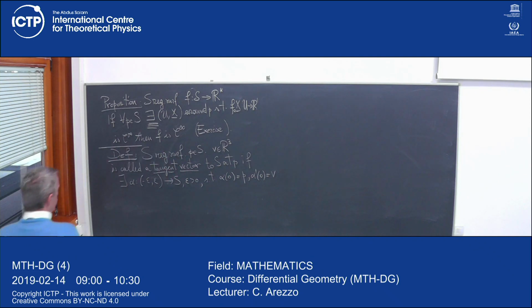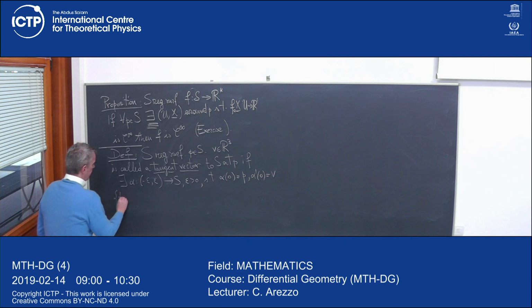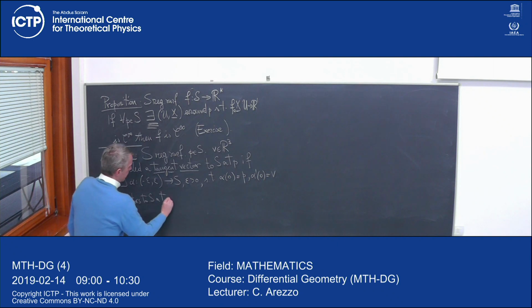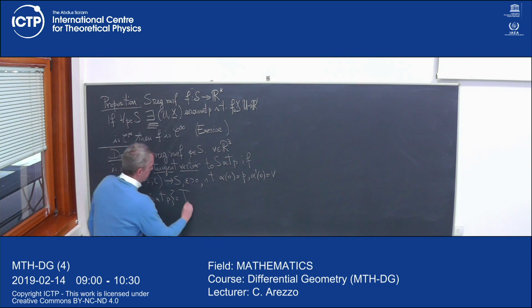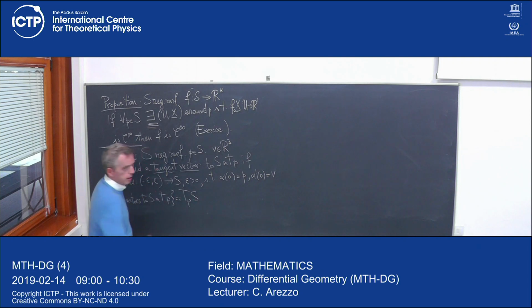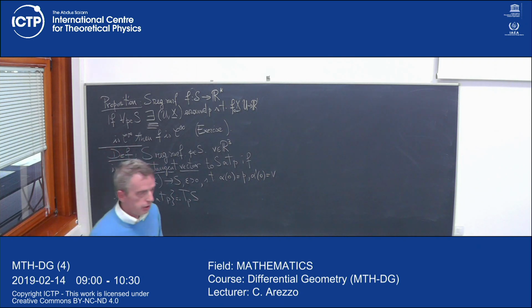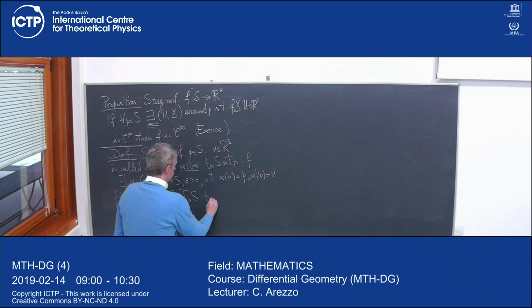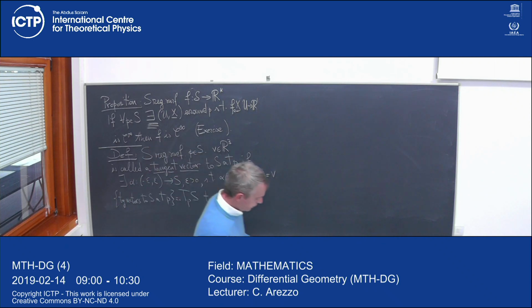Of course, the set of tangent vectors to S at P we give a name, denoted by TPS, and it's called the tangent space to S at P.